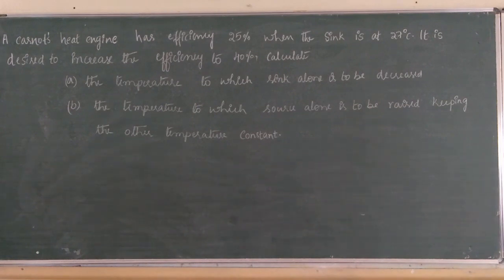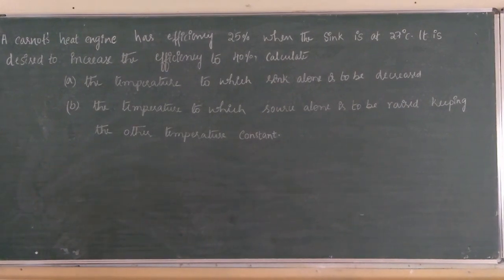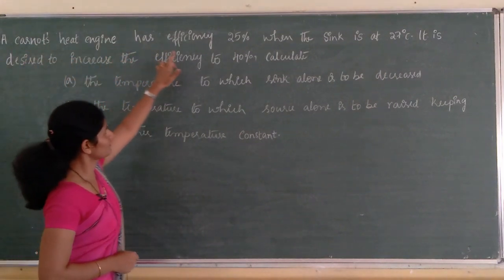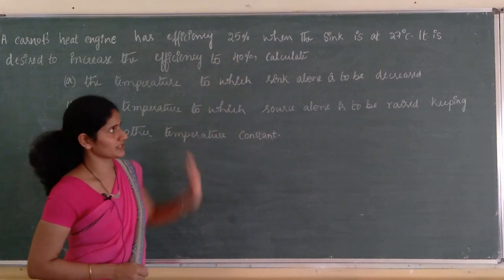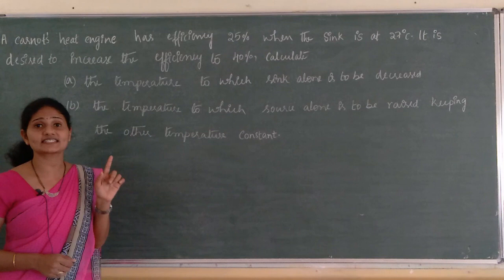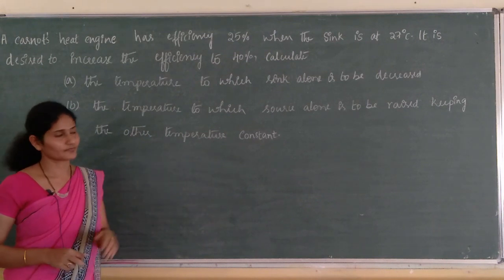So, this is the second problem. The second problem is like this: a Carnot's heat engine has efficiency 25% when the sink is at 27 degrees Celsius.